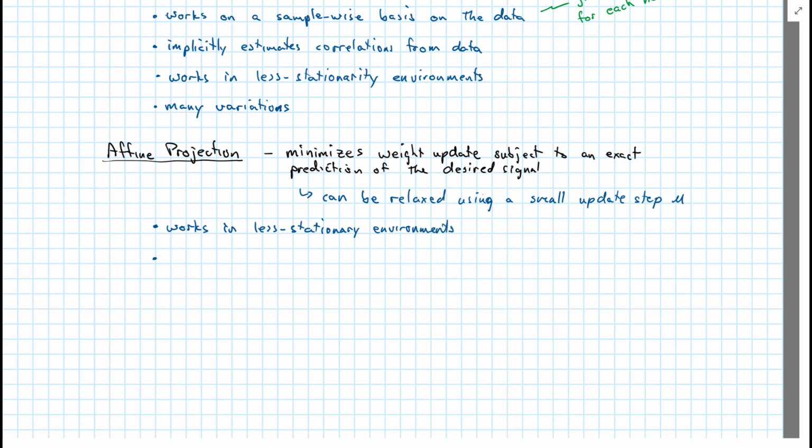And notably, it's kind of embedded in there, but this is not working on expectations. This is working on data. So this operates on data with no approximations, as we did with LMS.